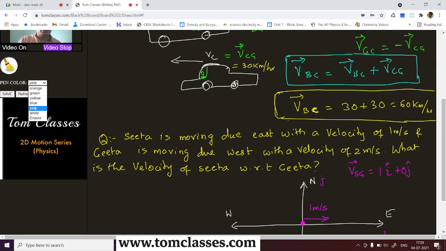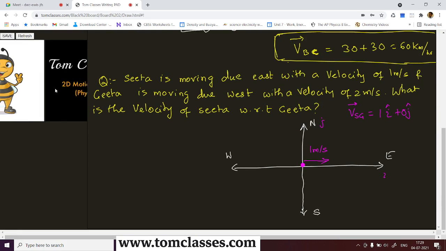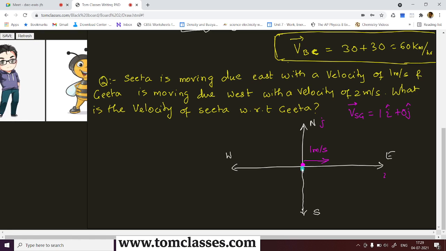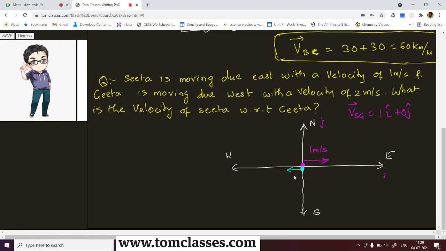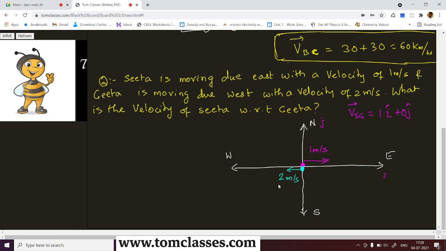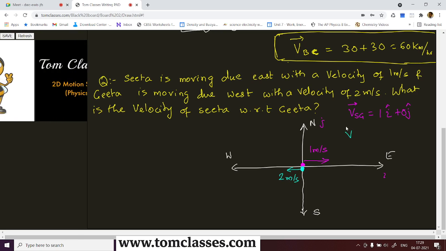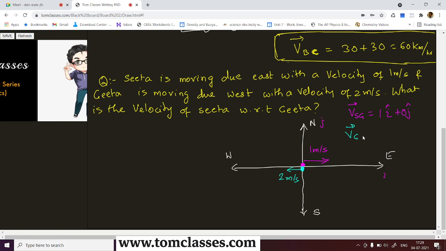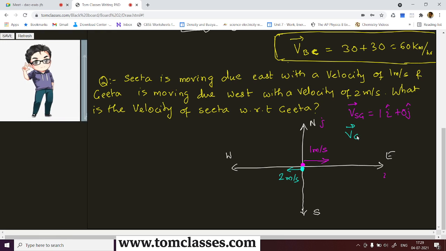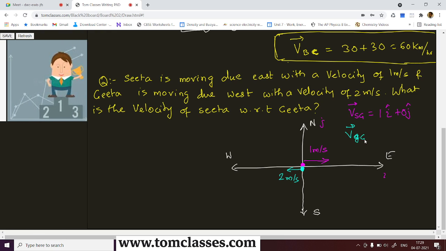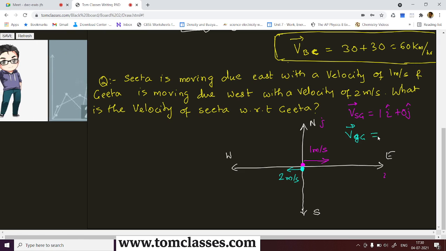Okay, now let me talk about Gita. For Gita, let me use another color. Gita is moving due west. So let Gita be over here, moving due west at 2 meter per second, right? So the velocity of Gita with respect to ground, so let me call this a small g, and this I will call ground G. What is this velocity?